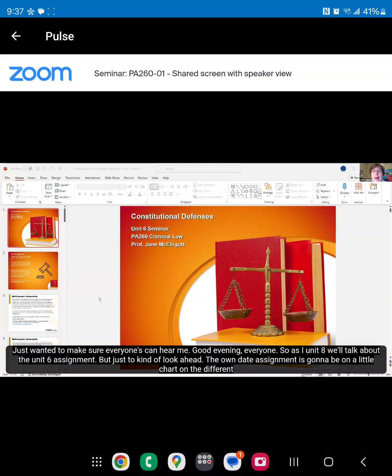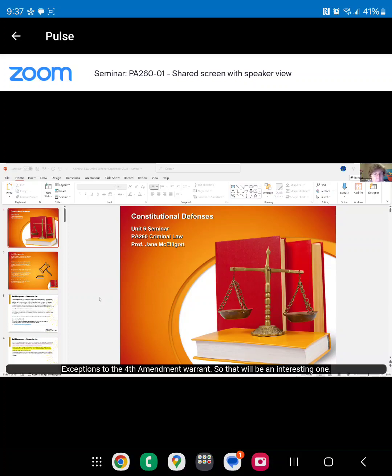Good evening, everyone. So as I was saying, Unit 8, we'll talk about the Unit 6 assignment, but just to look ahead, the Unit 8 assignment is going to be a little chart on the different exceptions to the Fourth Amendment warrant rules. So that will be an interesting one.